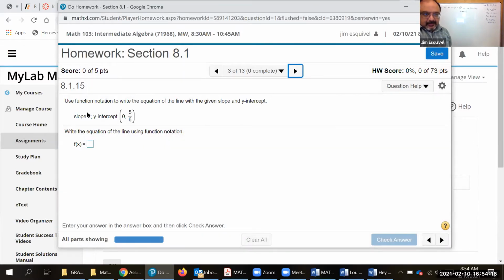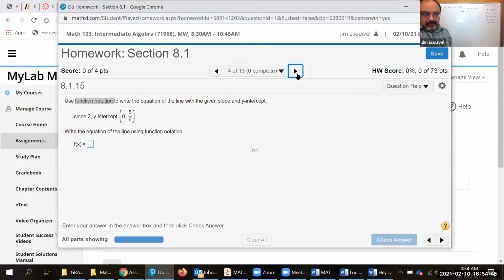So this one, number 3, use function notation. So what I'm giving you right now is basically the notes to question number 3. Use function notation to write the equation of the line that has a given slope of 2, and you're given a y-intercept. But instead of writing y equals mx plus b, you're supposed to use function notation.